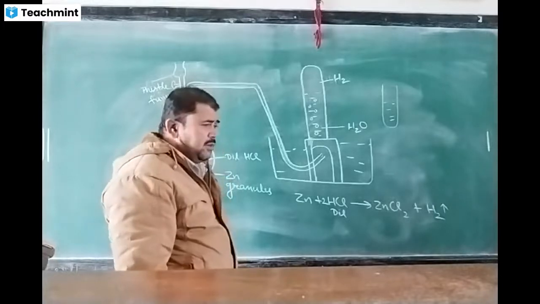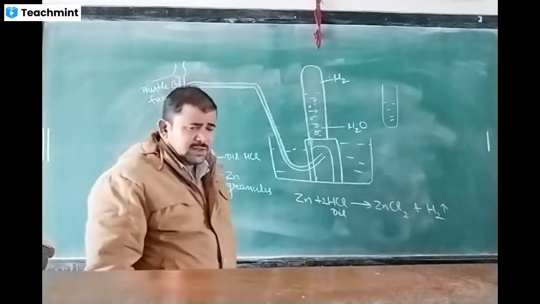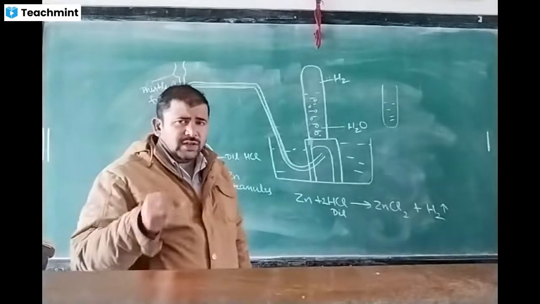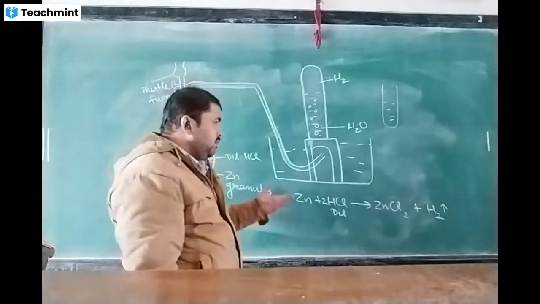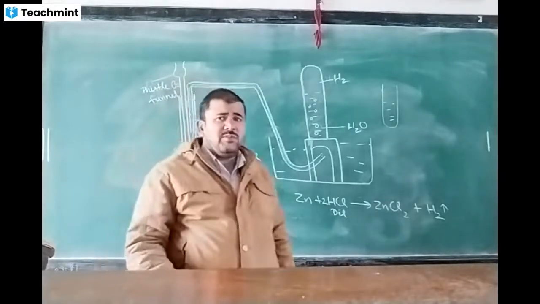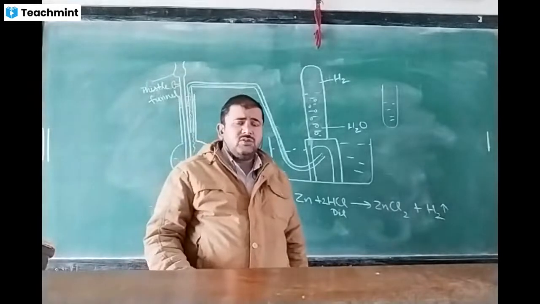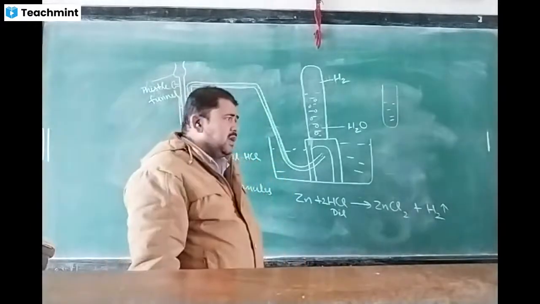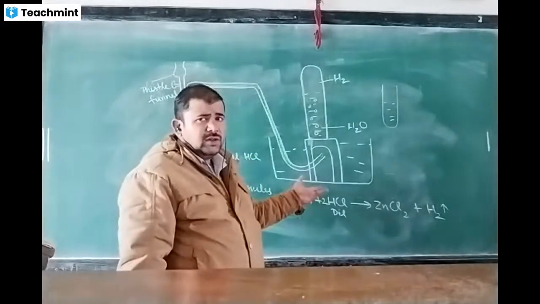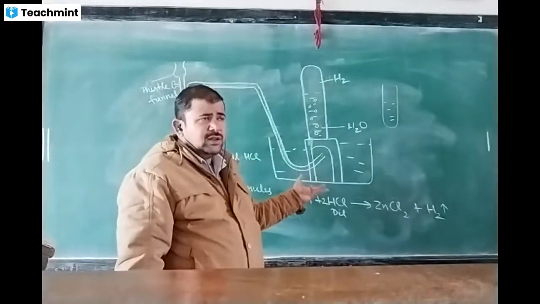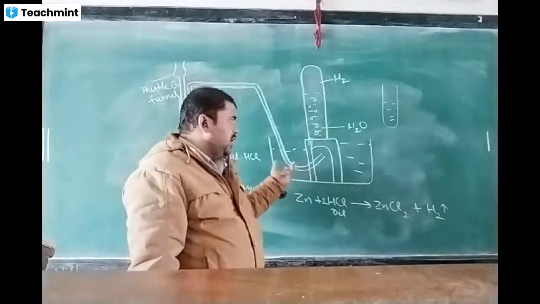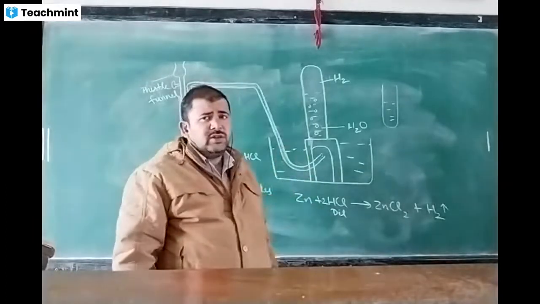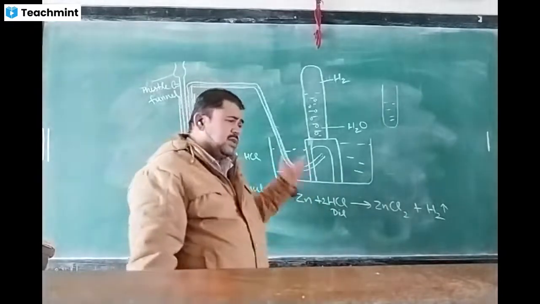But if anybody asks why we are using the downward displacement of water, the to-the-point correct answer is: because hydrogen makes an explosive mixture with air. And hydrogen is immiscible in water, and that's why we are collecting the hydrogen by the downward displacement of water.